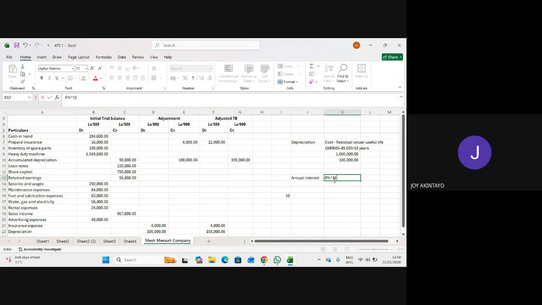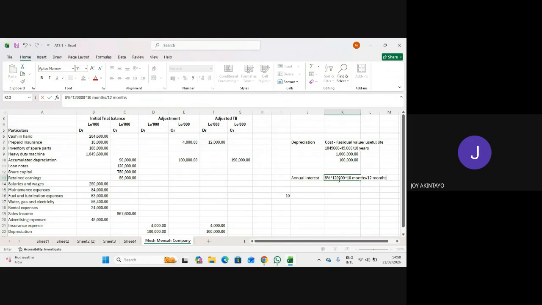We are using thousand here. Then we now prorate it. Then times 10 months. Let me put months, so that it will be 10 months divided by 12 months. You understand?